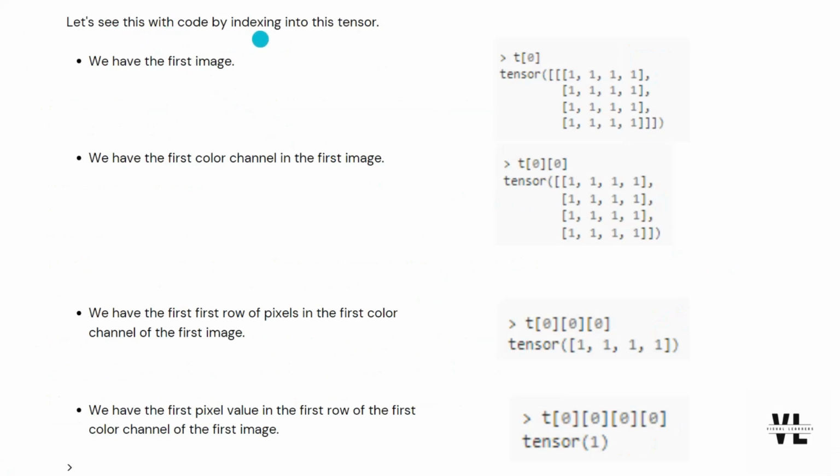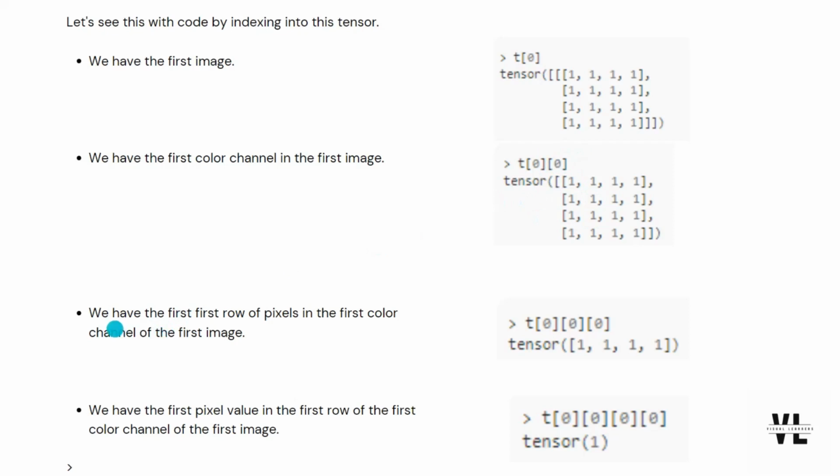Let's see this with code by indexing into this tensor. When we index using only one index, 0, we're going to get the first image. When we want the first color channel within the first image, we use the second index 0.